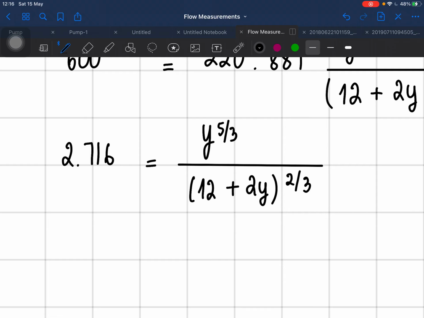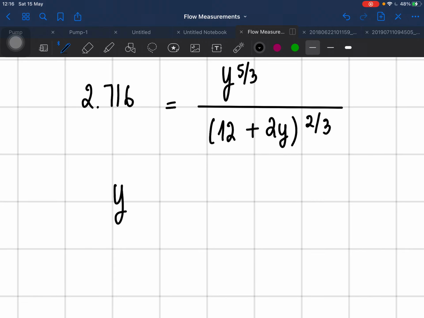So we use shift cal to solve for x. So here y is equal to, wait for a second, my calculator is running. Okay, it's running. We get that x is equal to 6.626. Tell me if you get a different number for this one.